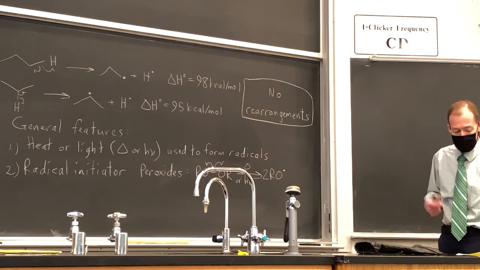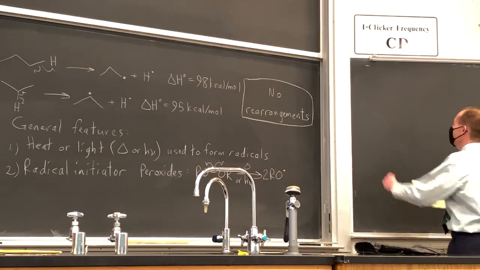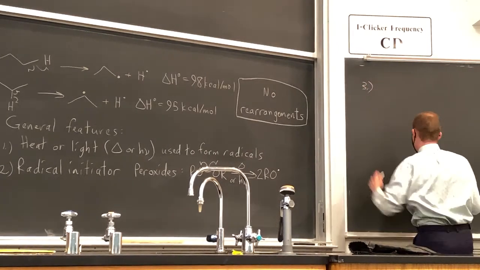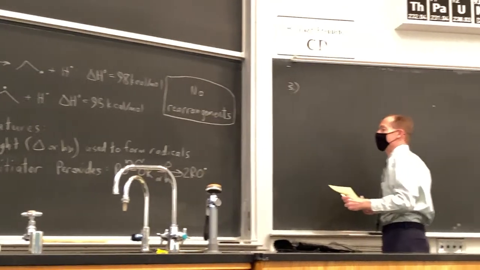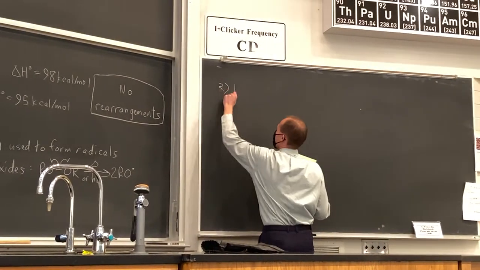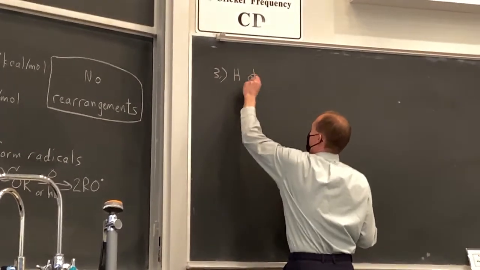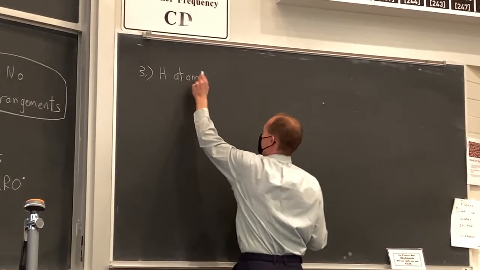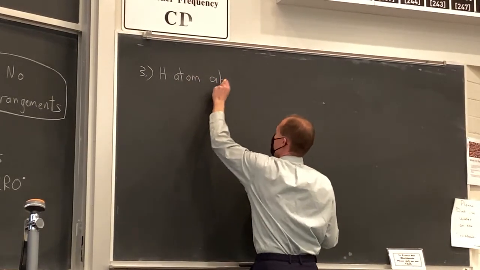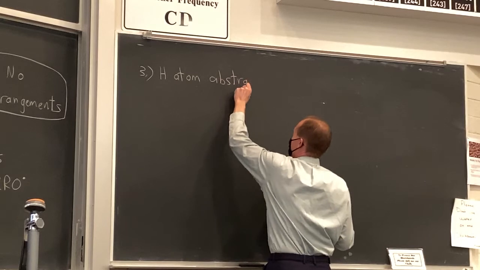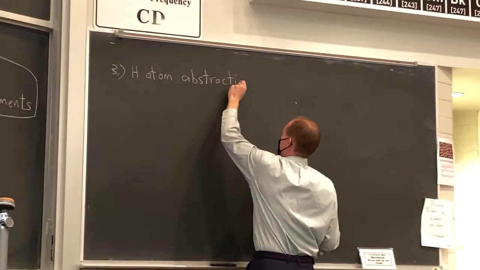A couple of general processes that radicals will undergo. So we'll keep listing this under general features. Radicals will react with alkanes and abstract a hydrogen atom from that alkane, generating a new radical.